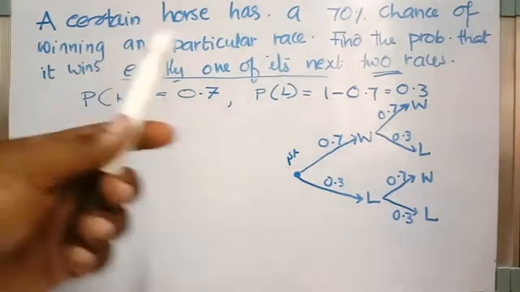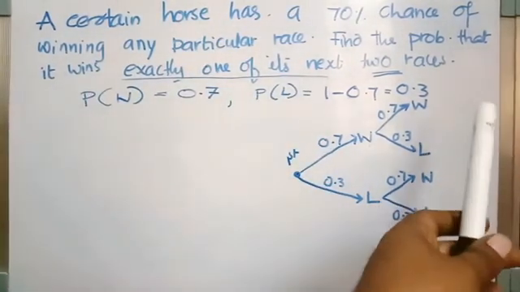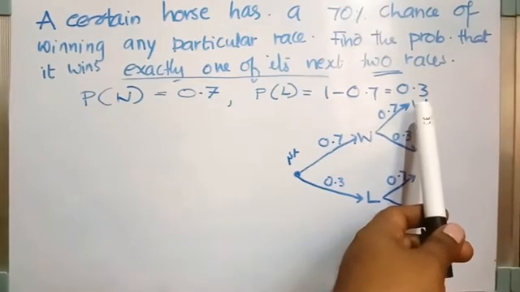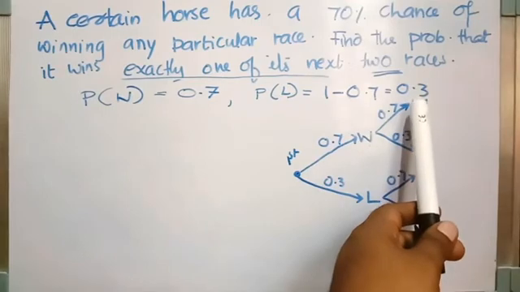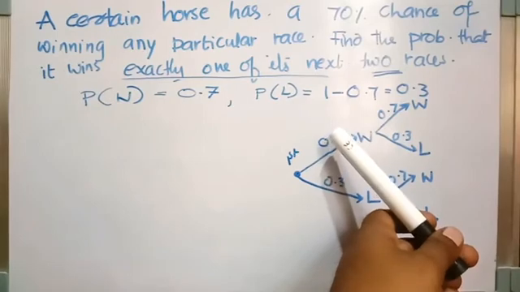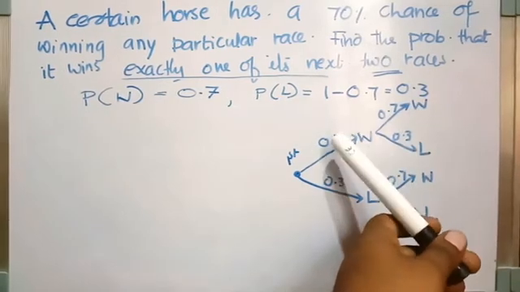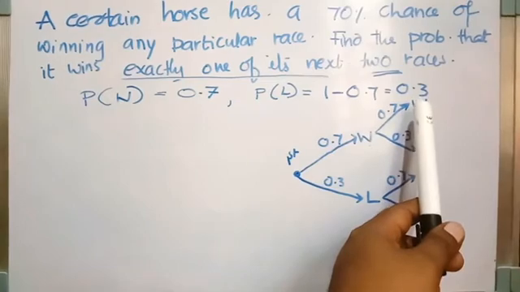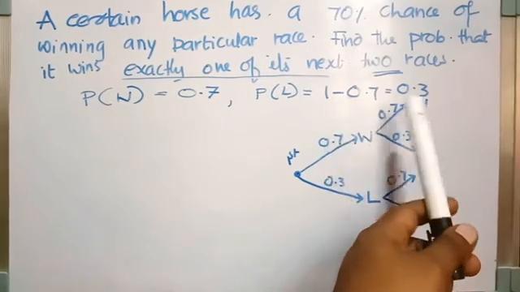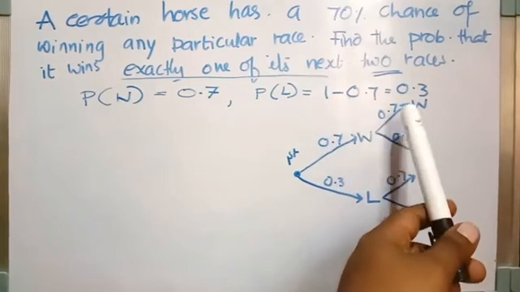Before going for this question, let's check the second race. Does the result of the second race depend on the first? Is the second result affected by the first one? Is there any connection between these 2 results?